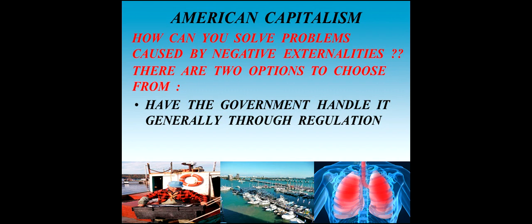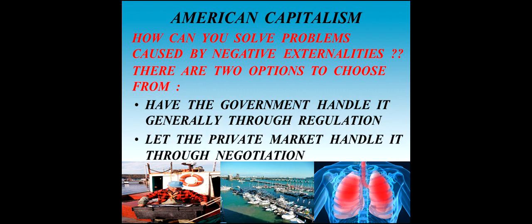Now, it may be positive or it may be negative, and hopefully it will be positive, but it will guarantee a second externality. The other option is to let the private market, meaning all the people involved, handle solving the negative externality through some form of negotiation.